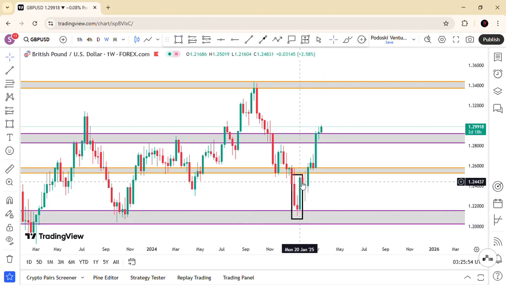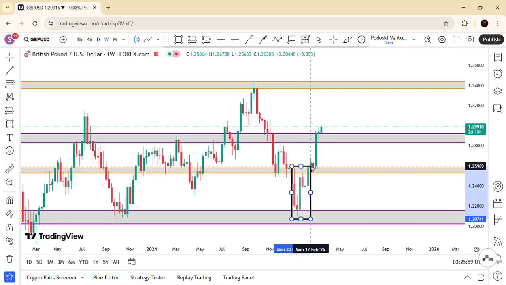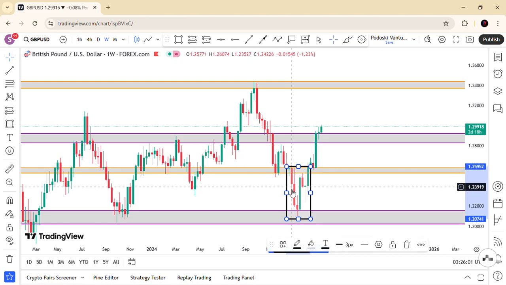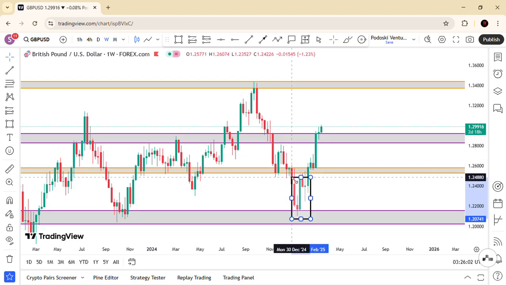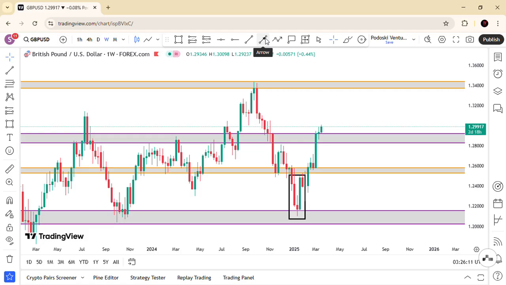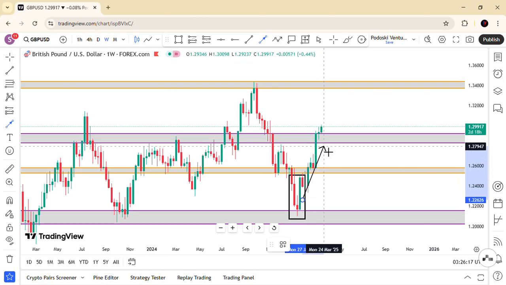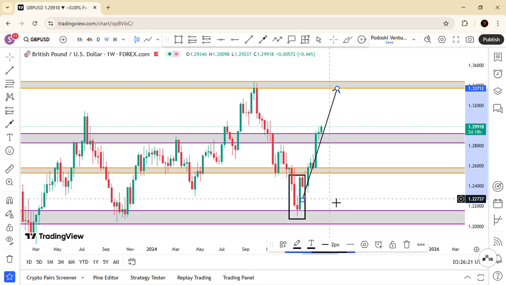The bullish engulfing we saw on the monthly time frame is just these candles, and in between that you can also see a morning star, which is a reversal candlestick pattern. So after a morning star, you should be expecting high buying pressure, and that's the same thing we are seeing here.